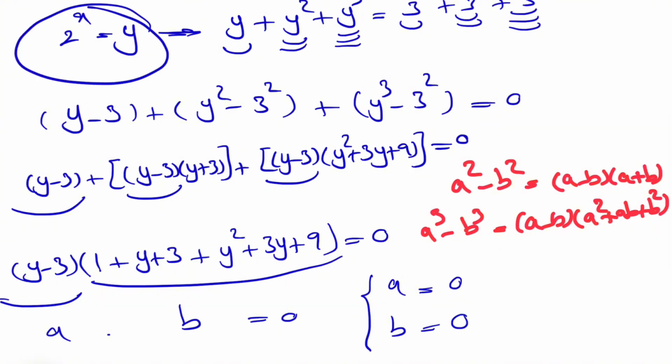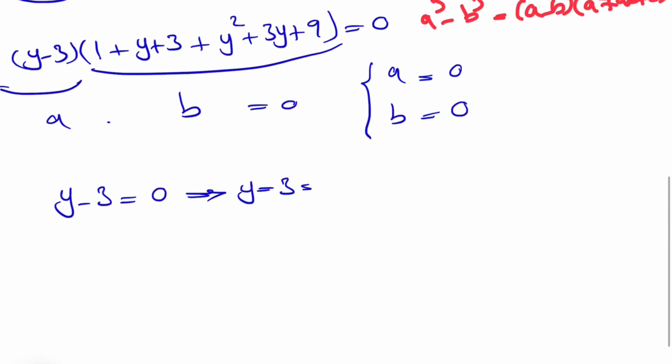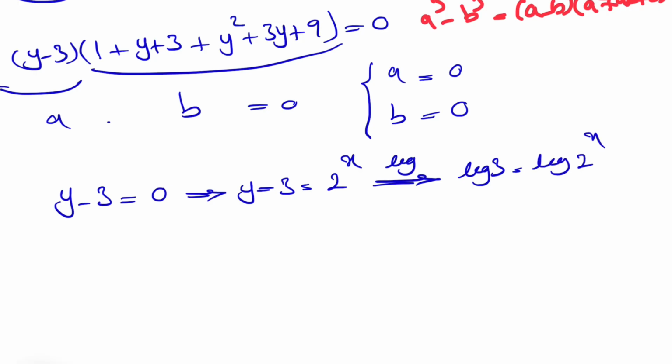We called our y previously 2^x, so we need to solve this equation with x in the exponent. We take the log on each side: log 3 = log 2^x. The reason is that when we have log a^b, this b can go in front, so it becomes b times log a.